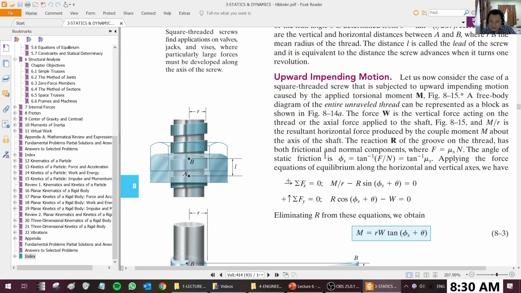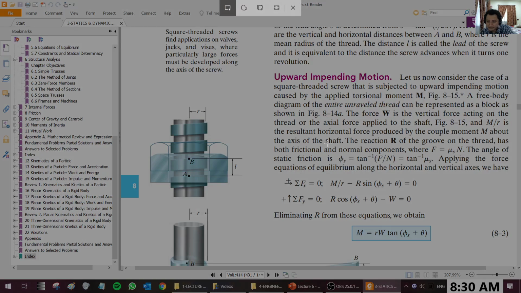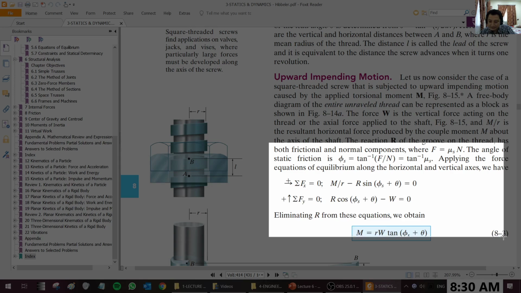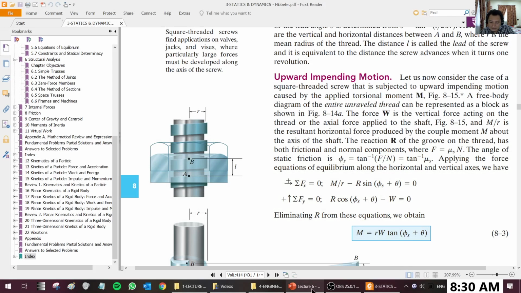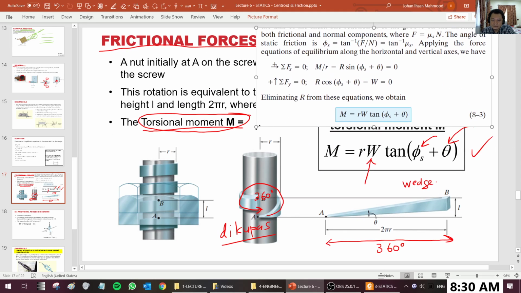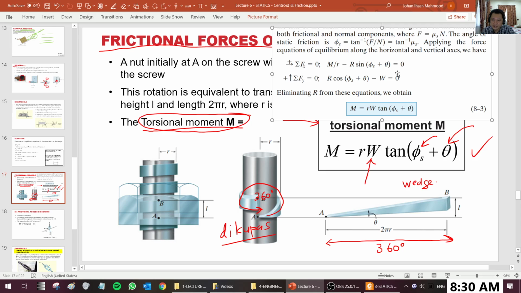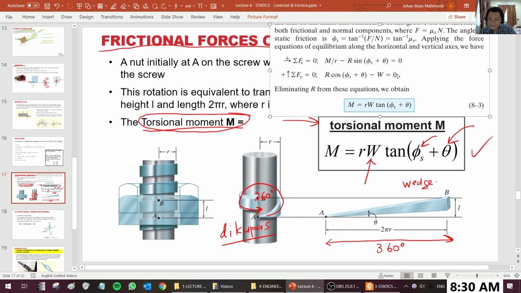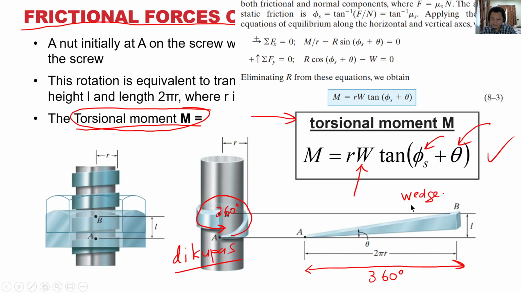Angle of static friction. Later on, you can look at the updated notes. Okay, let's move on and finish this off.